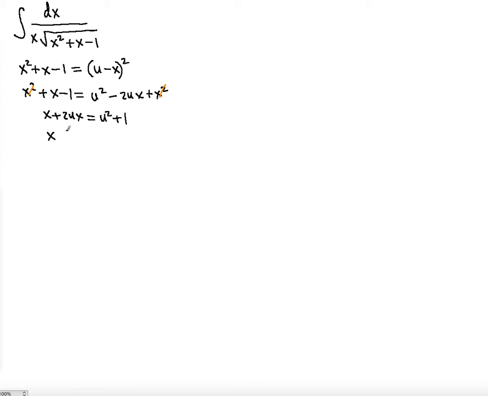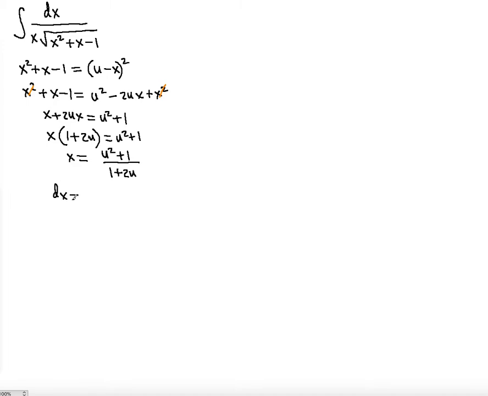Okay, so then you can factor out the x, and you would get x times 1 plus 2u is equal to u squared plus 1. So x is going to be u squared plus 1 divided by 1 plus 2u. So bingo, now you can find the dx, the derivative, because you need that for the substitution.